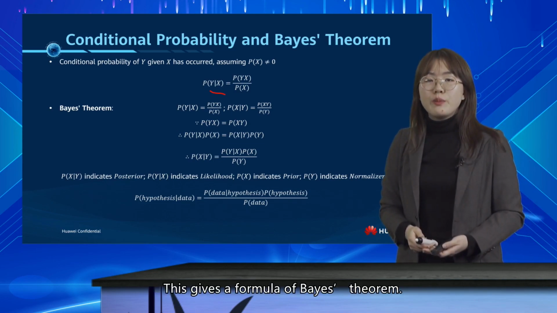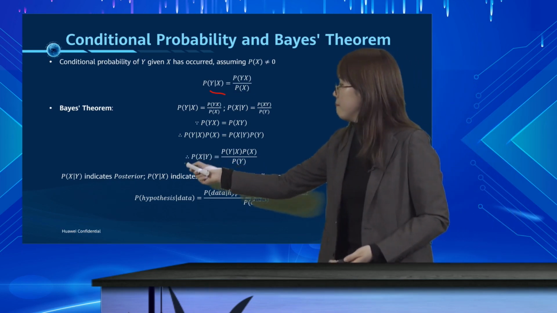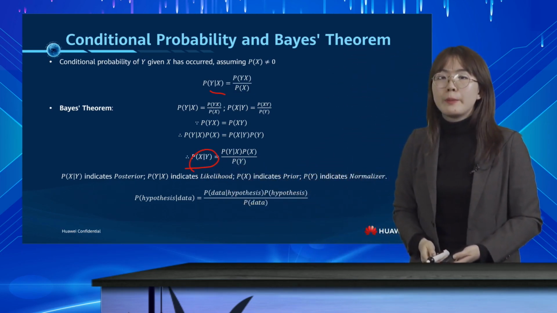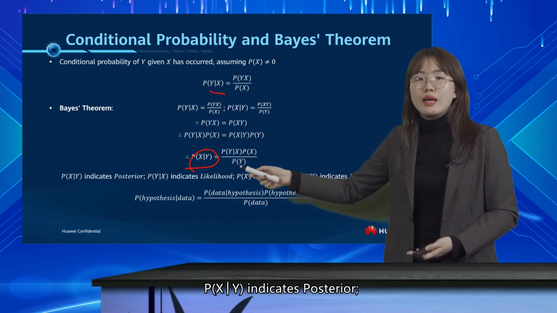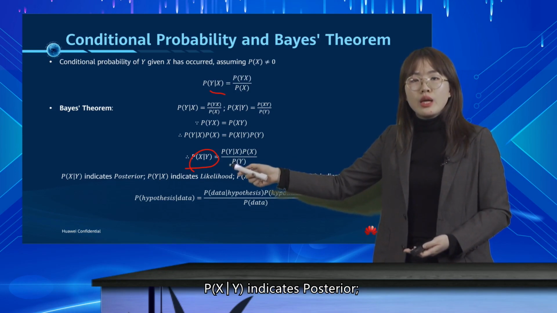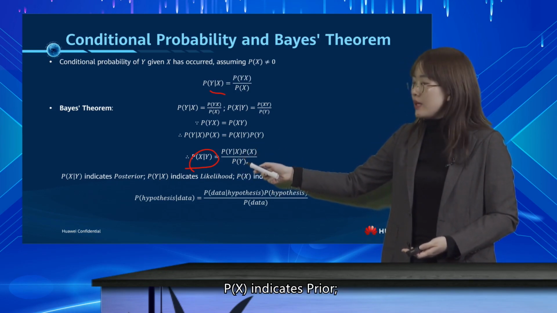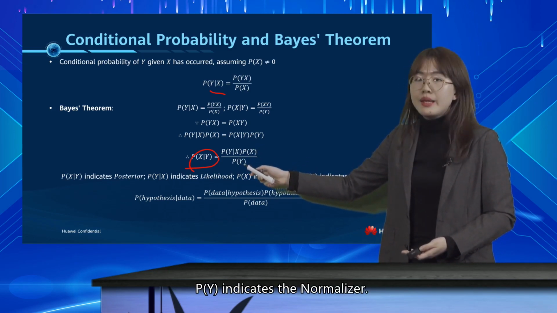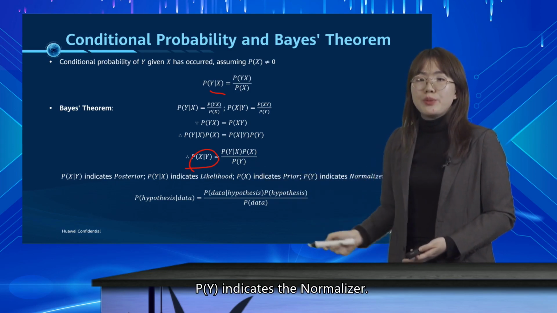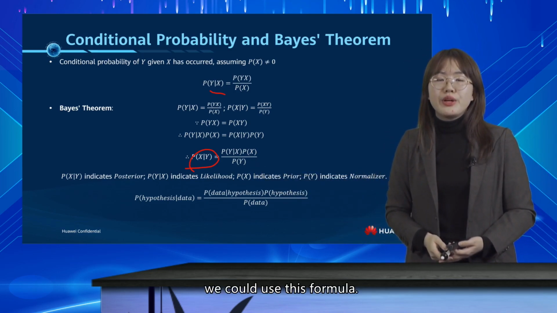This gives a formula of Bayes' theorem. P(X|Y) indicates the posterior, P(Y|X) indicates the likelihood, P(X) indicates the prior, and P(Y) indicates the normalizer. In the real case, we could use this formula.